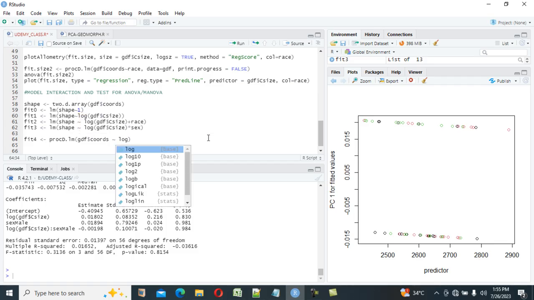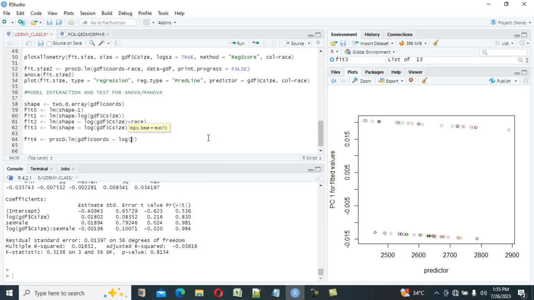We have log GDF now, the central size. Right. So perform ANOVA now. So let's multiply by GDF, the race. So just race. It's okay, let's just leave it.